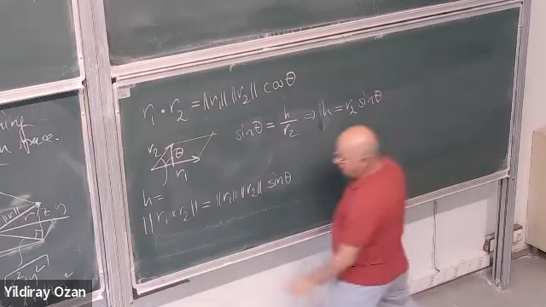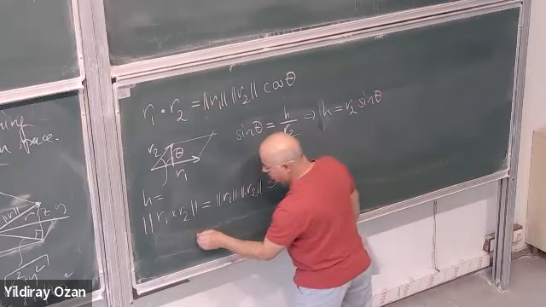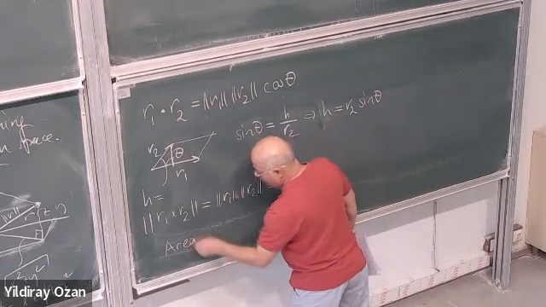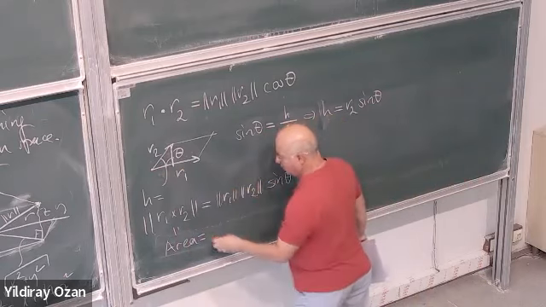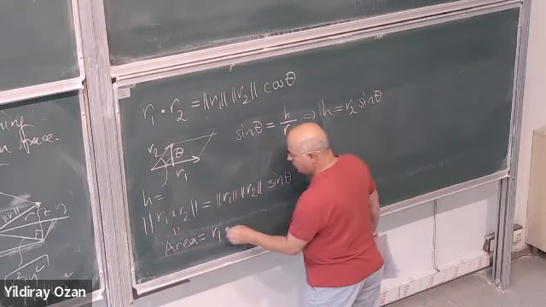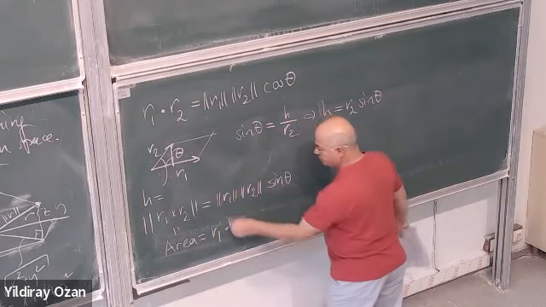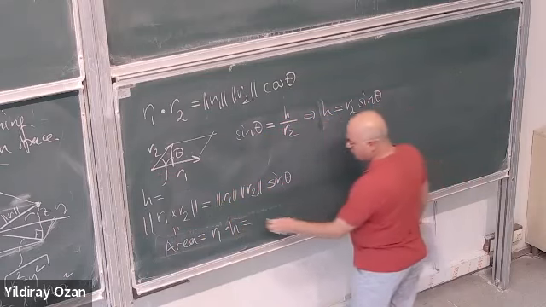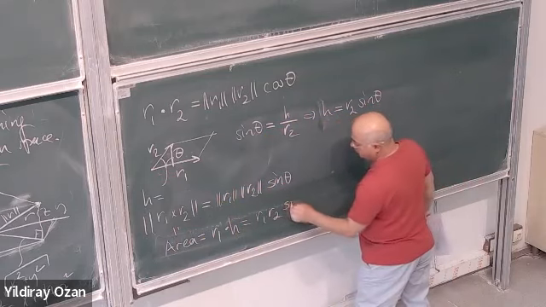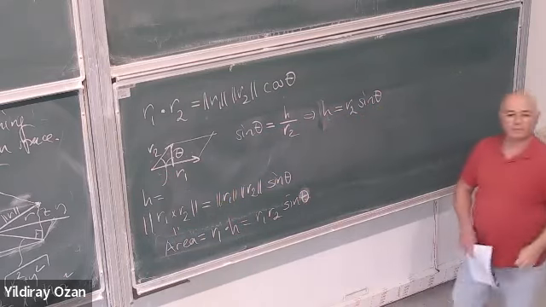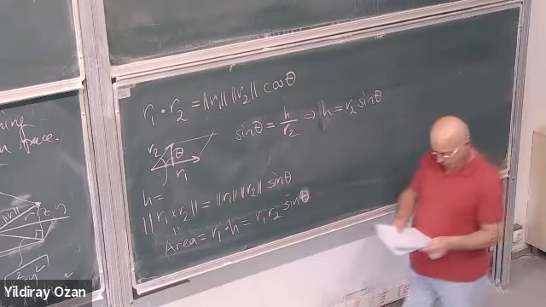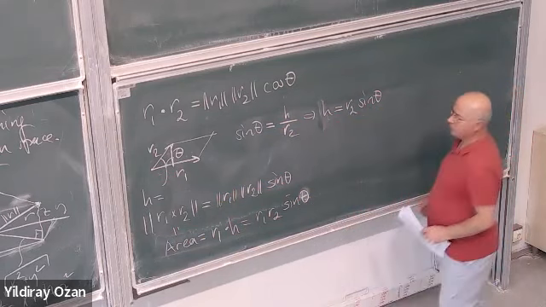And what is the area? Area is just the base length R1 times the height, but the height is just R2 times sine theta. Okay, thank you.